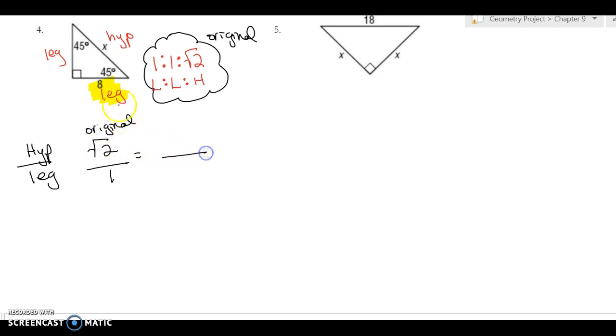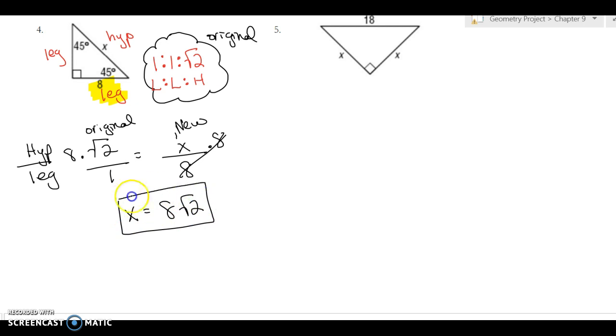And then now my new hypotenuse is X, and my new leg is 8. And so now what I'm going to do is just multiply by 8 to get rid of that divide by 8. And so I get X is equal to 8 square root of 2.